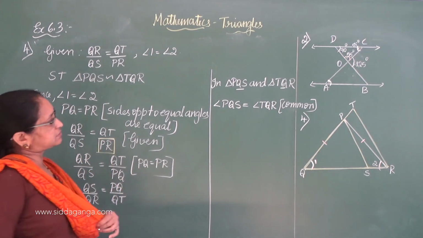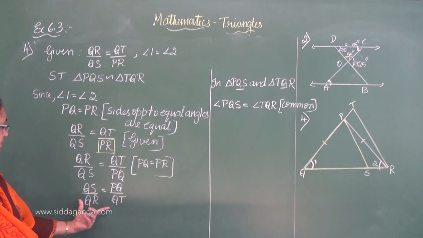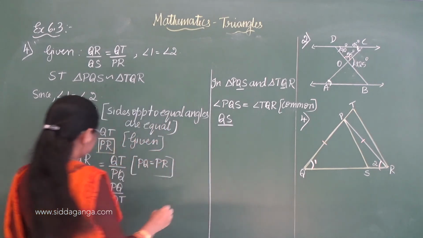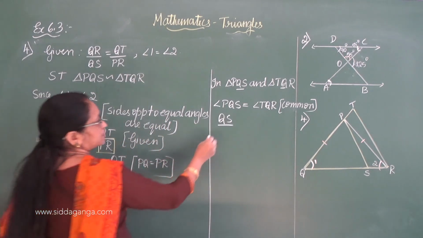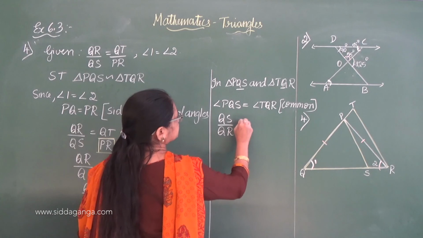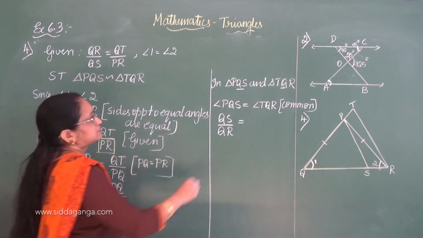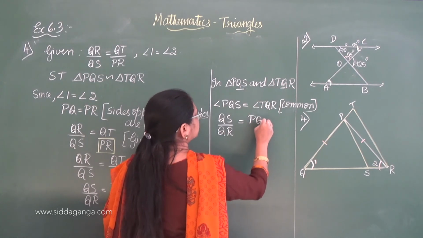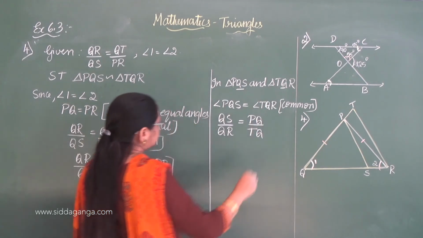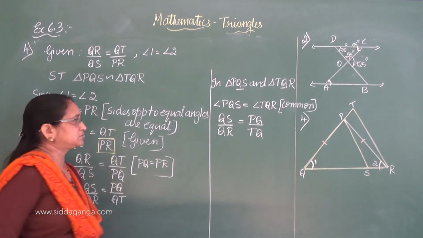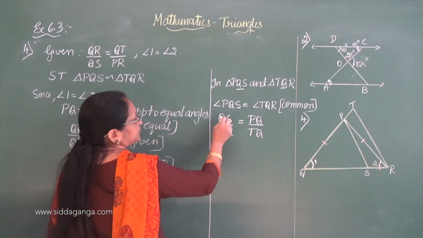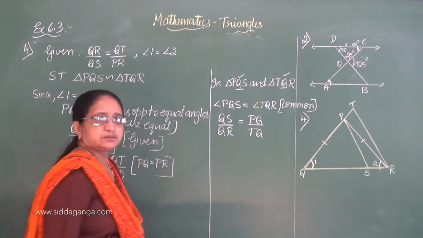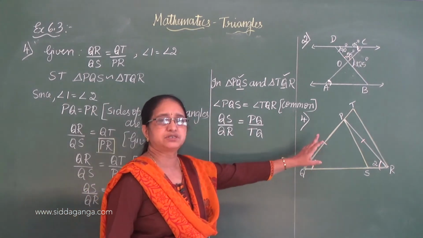Now you check with this, QS by QR is equal to PQ by TQ. I have written it here, that is all. Okay. So now just check. Q is the common angle here for both the triangles.